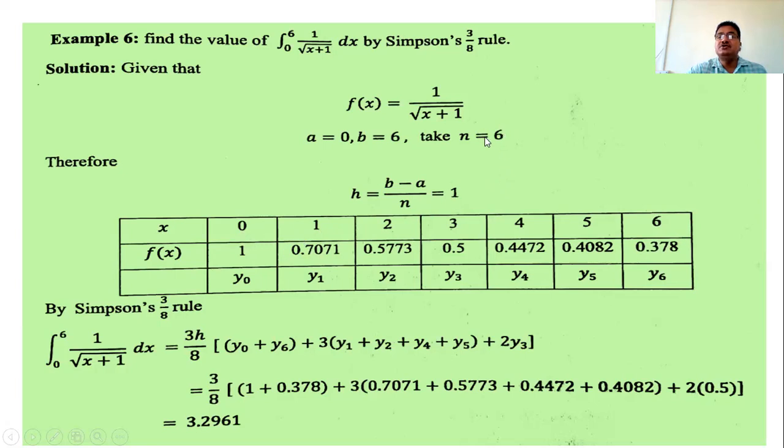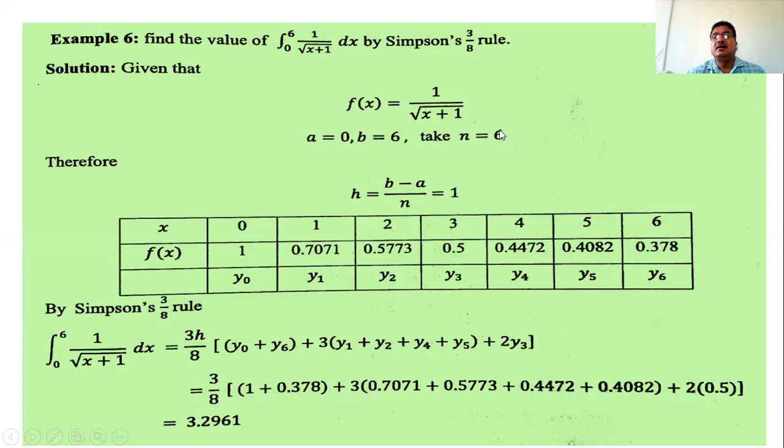If you take n equal to 18, then the values of x are 19 in number, and the calculation may be complicated. So don't take n very large or very small.